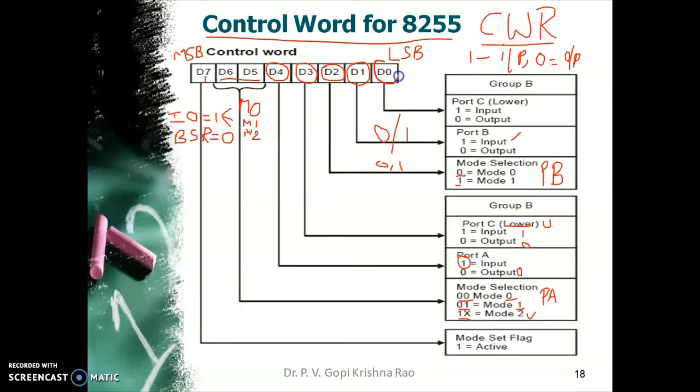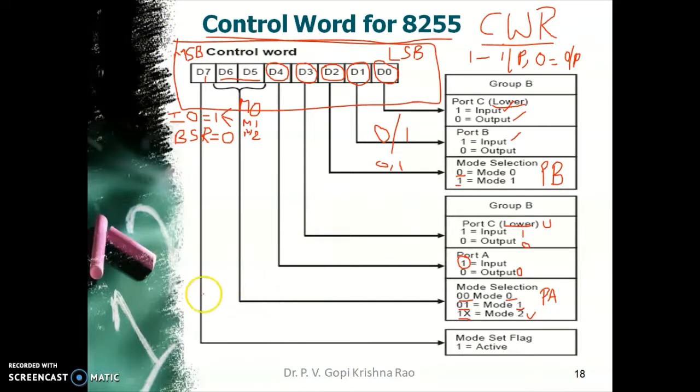The D0 bit is used to define the functionality of port C lower, whether you are using the port as an input port or output port. So if D0 is equal to 1, port C lower is an input port, and if it is 0, it is an output port. So this configuration of the control word register is very much important.